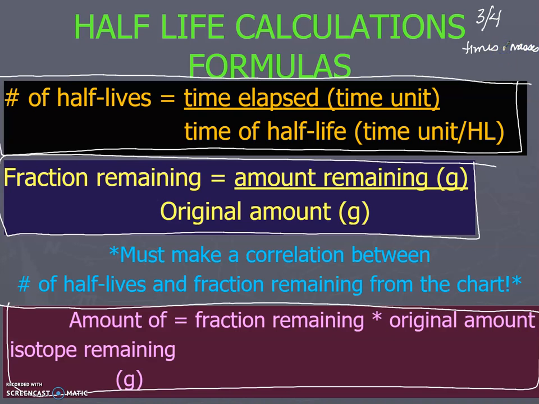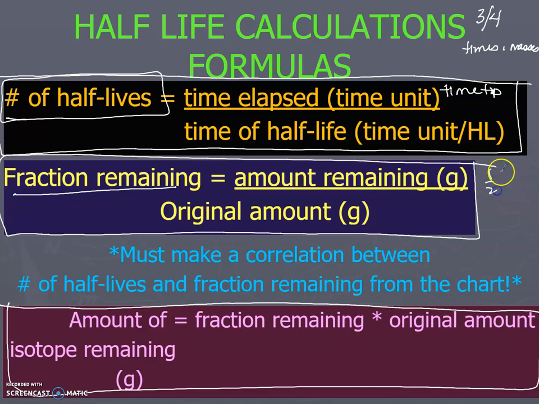Okay, if you are given 2 times, you are able to figure out the number of half-lives that have gone by. So you take the time elapsed, which is going to be the bigger time on top, and the time of one half-life down at the bottom. Okay? If you are given 2 masses, you're basically figuring out the fraction that's remaining.